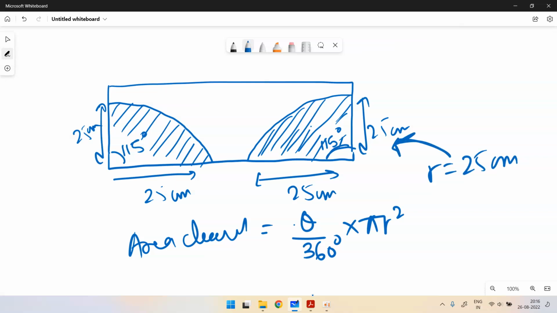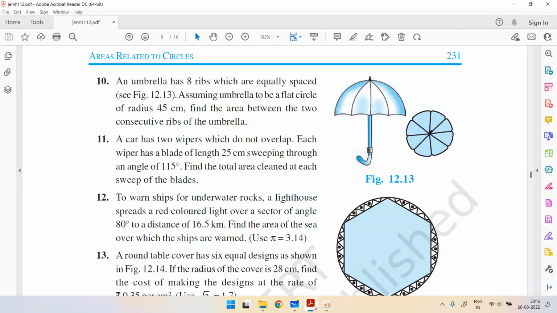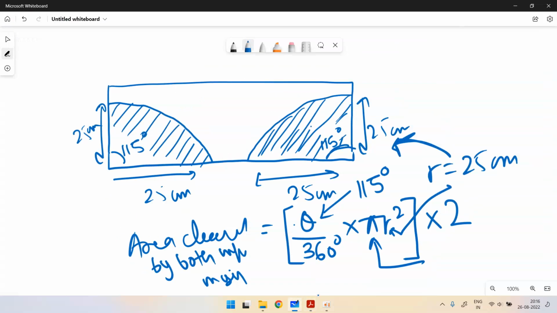Now this is the area of a single wiper, so the area cleaned by both wipers in a single shot will be multiplied by 2. If you put theta as 115 degree, radius as 25 centimeters and pi as given, you will get the answer.